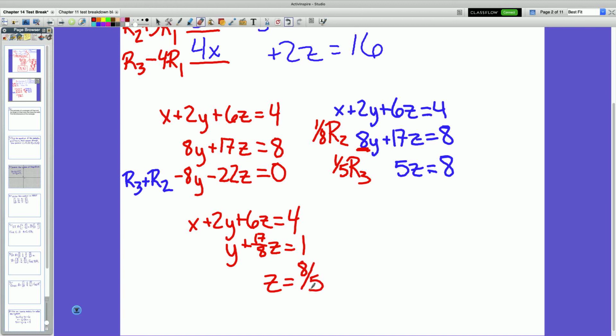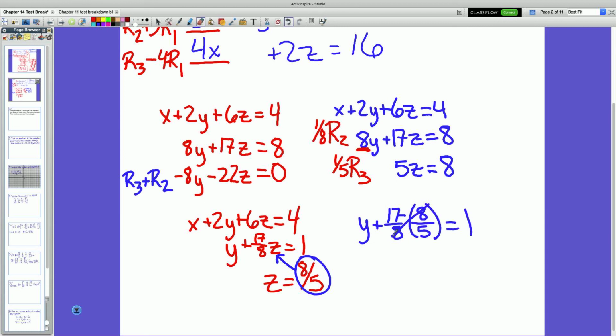And if you wanted to get that in terms of a decimal, you could. I mean, it's not that ugly of a decimal, right? It's like 1.6. But I'm going to leave it as a fraction. Okay? So now it's just a matter of substitution. So now I'm going to plug that in there. So I would have y plus 17/8 times 8/5 equals 1.